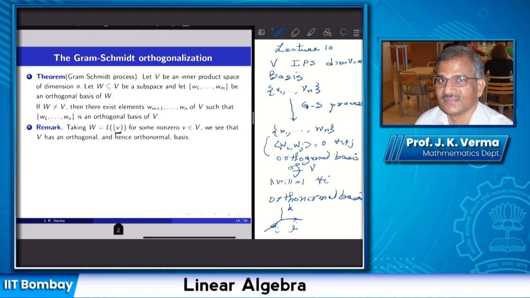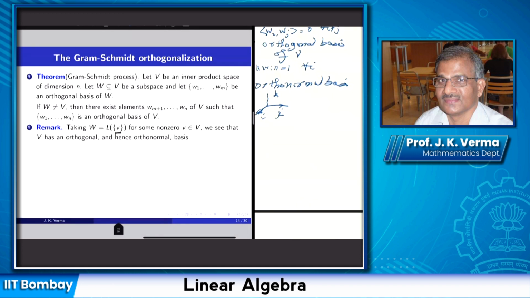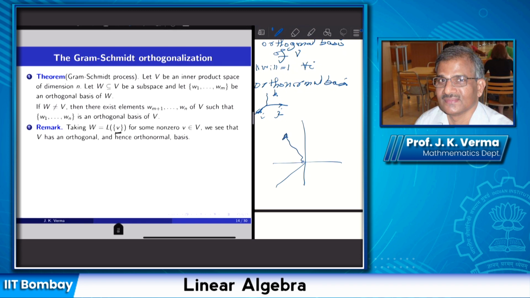So starting with any vector, we can construct other vectors which are mutually perpendicular, and they are all perpendicular to this single vector. What does it say in three-dimensional space? It says that I can start with any vector, and then I can enlarge this vector to a set of three vectors so that they are mutually perpendicular.